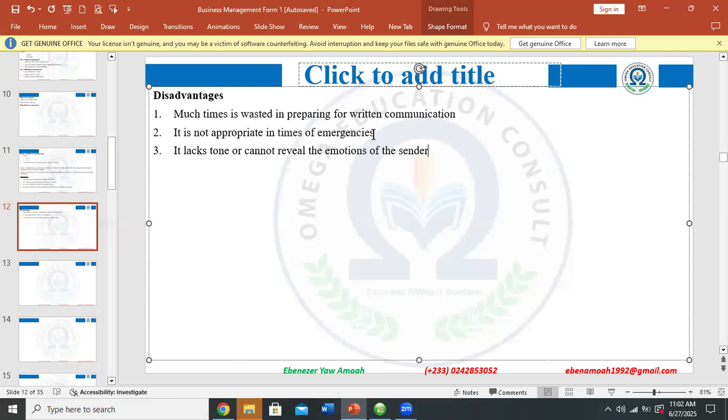Even if the person says, I'm very sad to write you this letter, how do you determine that emotion? Compared to other forms of communication like the oral, if the person is angry, you can feel it in the tonation of the person. If the person is sad, you can feel it. So that is the tonation bit or the lack of emotions.